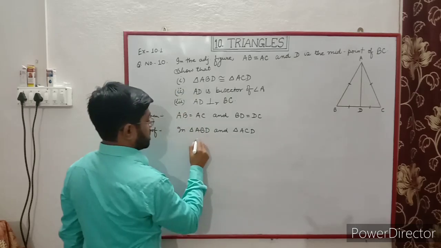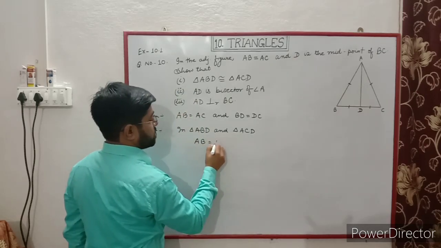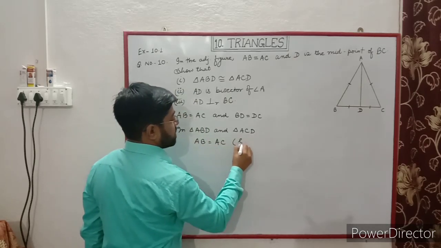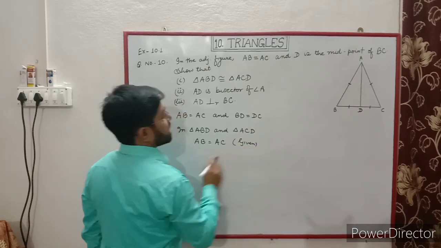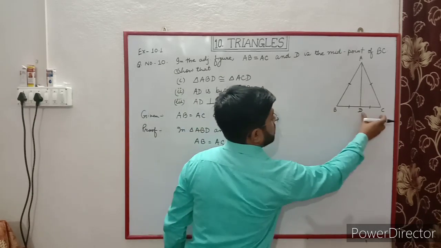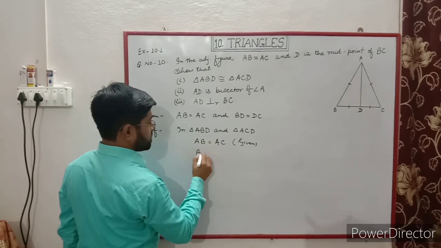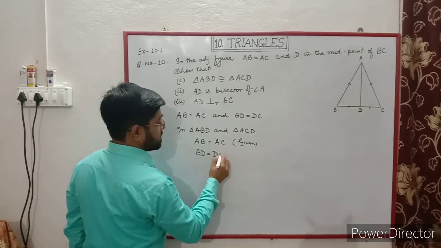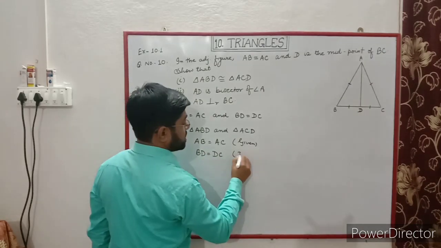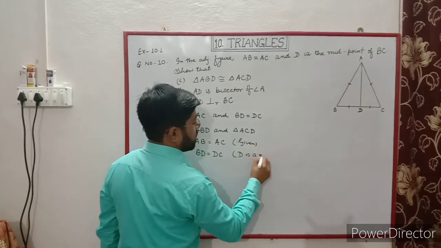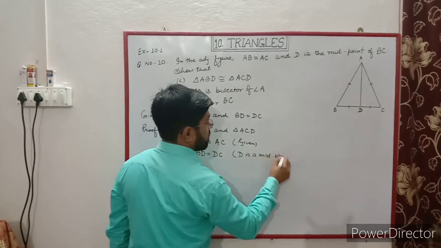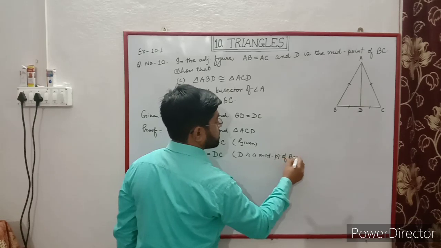It is given. Second, BD is equal to DC because D is the midpoint of BC.